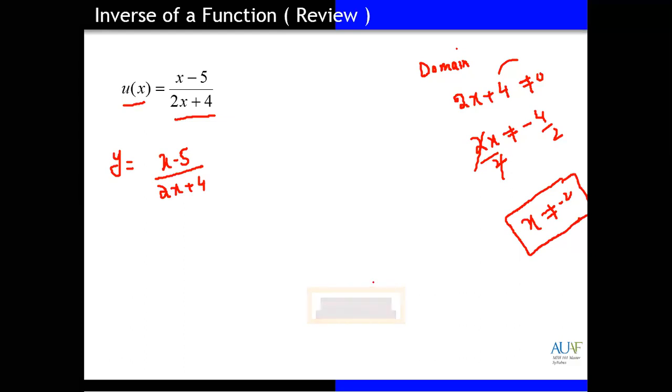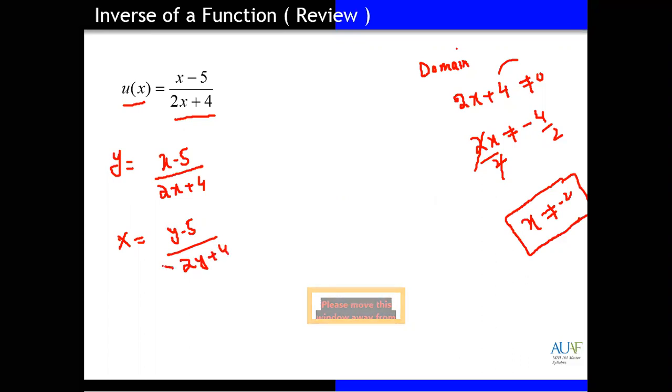Now replace the x value with y and the y value with x, interchanging the values of x and y. So replace y with x and x with y. So x is equal to (y minus 5) divided by (2y plus 4).